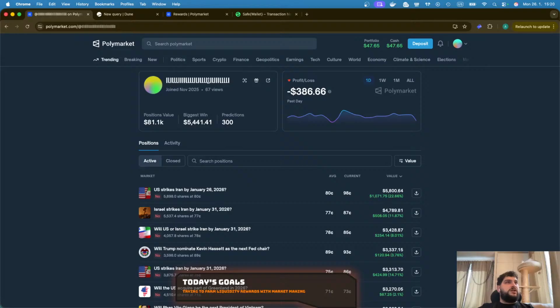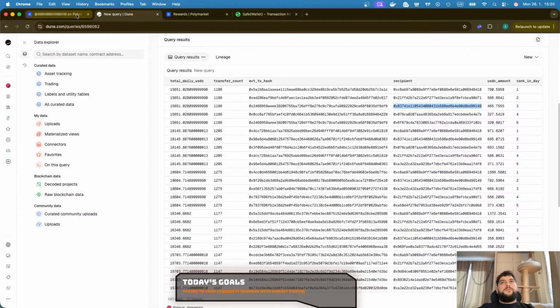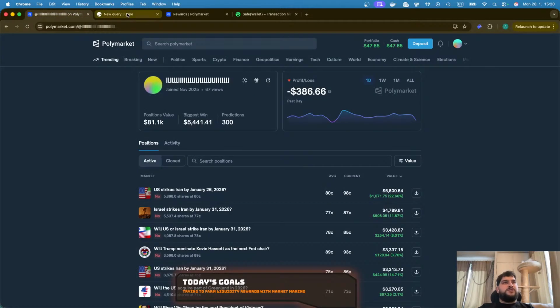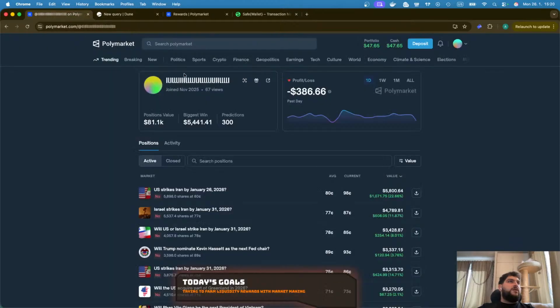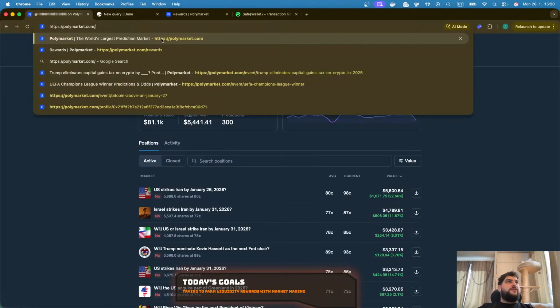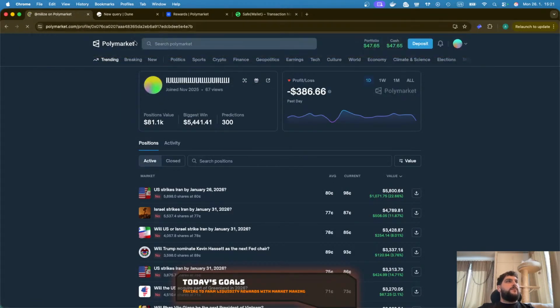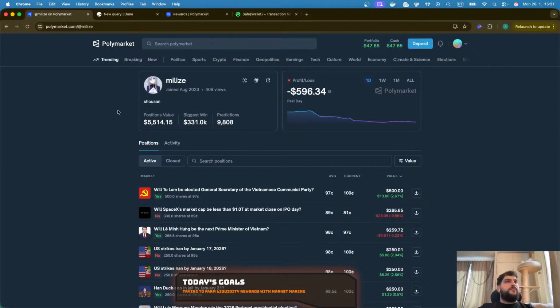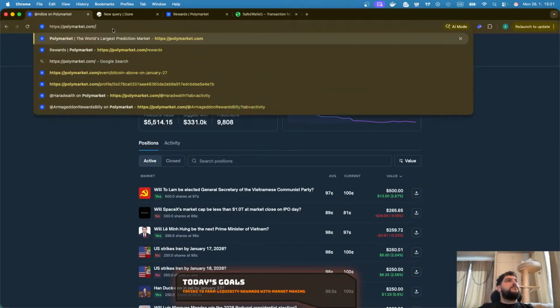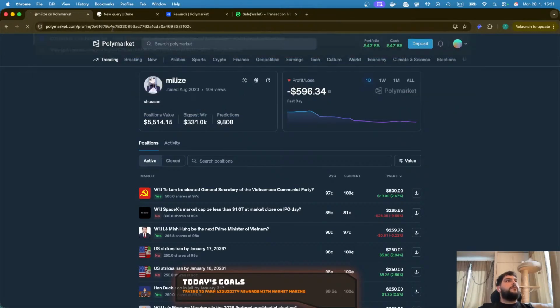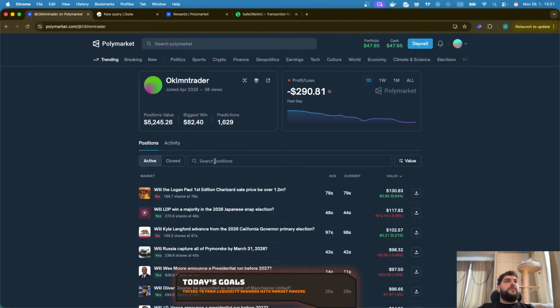Also supposedly net positive, because minus 386 here and plus 465 here is net positive. Let's take the two last guys from the top 5. Net negative this one. Net positive this one.